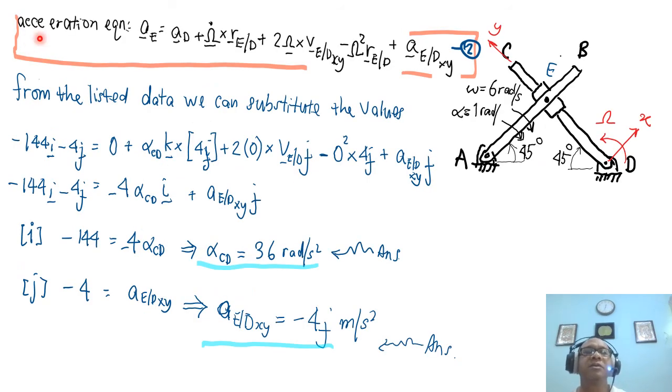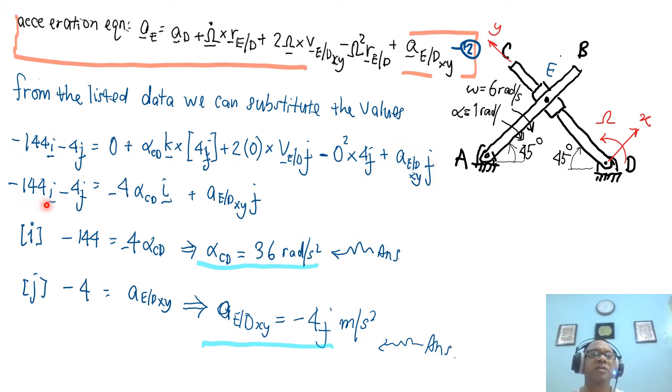So when you look at the acceleration equation, from the listed data, we can substitute the values. We have calculated AE to be minus 144I minus 4J, AD equals 0, plus alpha CD K cross 4J, and plus 2 omega, which is 0 from the previous answer, times the relative velocity in terms of J, and then minus omega square, again 0, cross 4J, plus the relative acceleration.